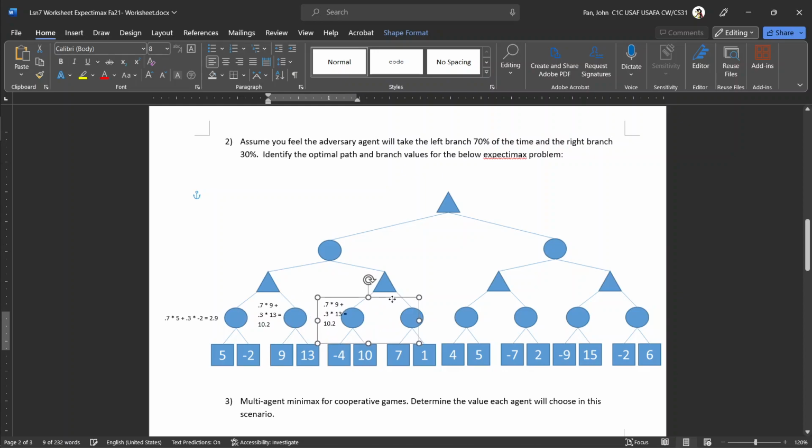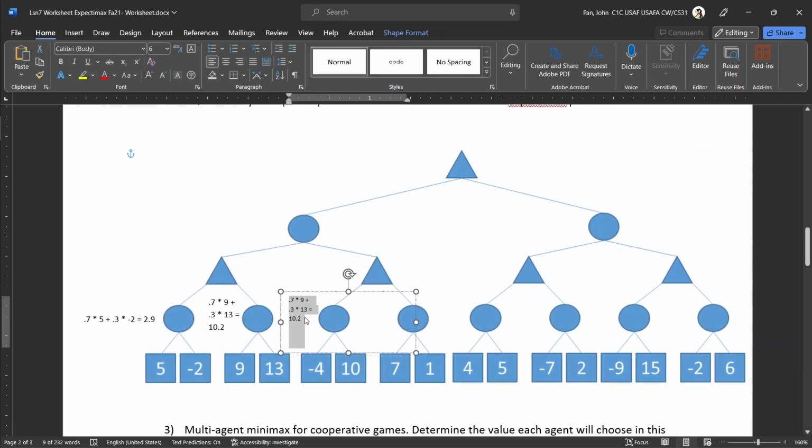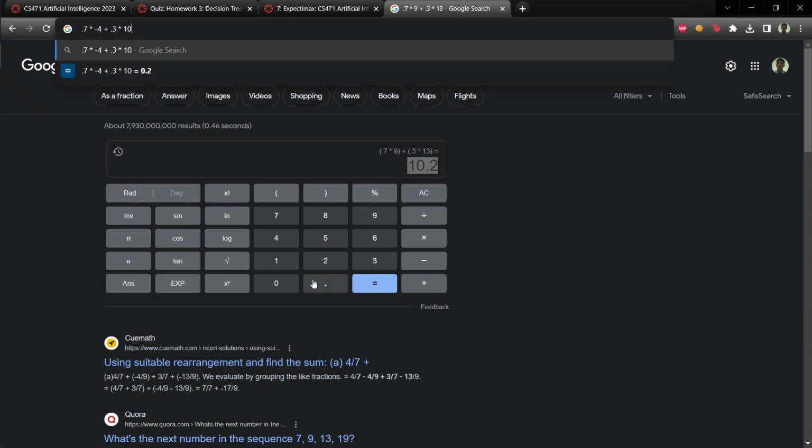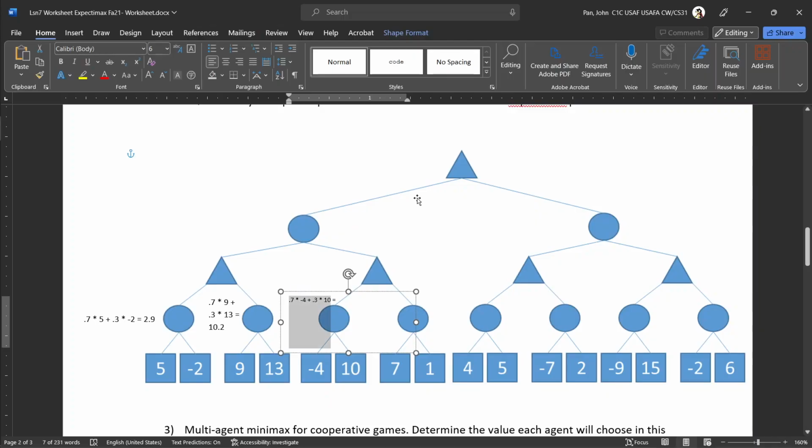And here we have, this needs to be smaller, 0.7 times -4 plus 0.3 times 10 equals 0.2.